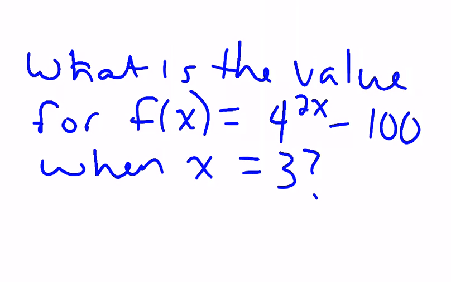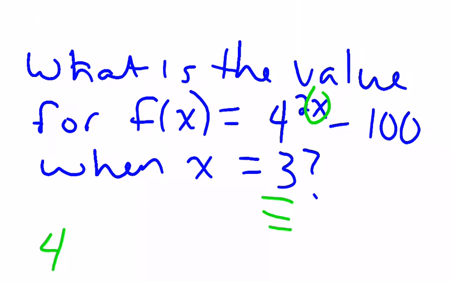So they're asking that same question that we just did, just a little bit differently. So when x is 3, we want to know what is f of x. This time they didn't put it in a table. So we're still going to take this 3 and plug it in where we see x in the function.